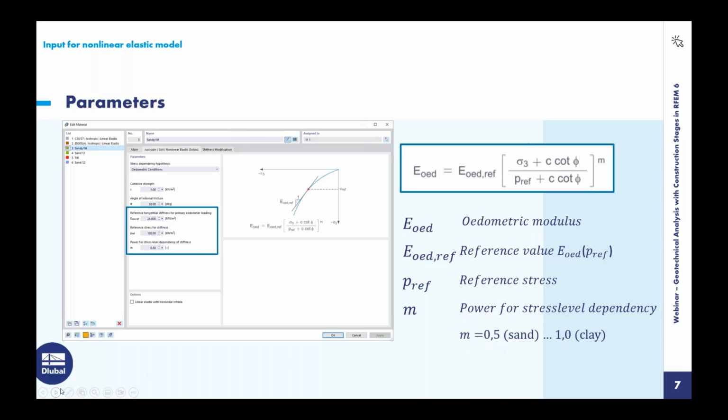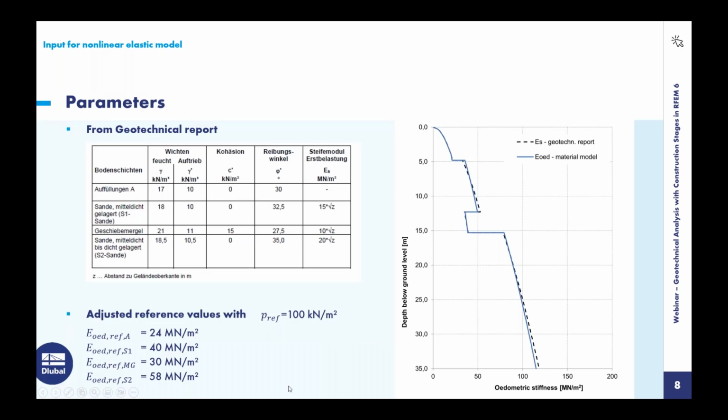Okay, now I want to show you the example I want to use today. Here I have my material properties that are provided from the geotechnical report. We have the specific weight, the drained values, and the effective values. As we know, the effective values result from the difference of the saturated specific weight and the specific weight of the water.